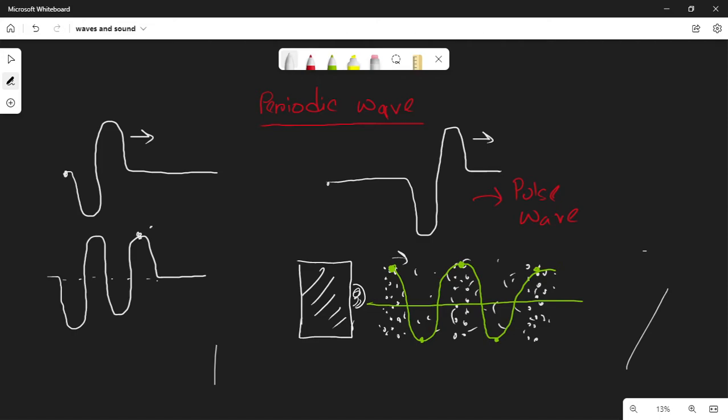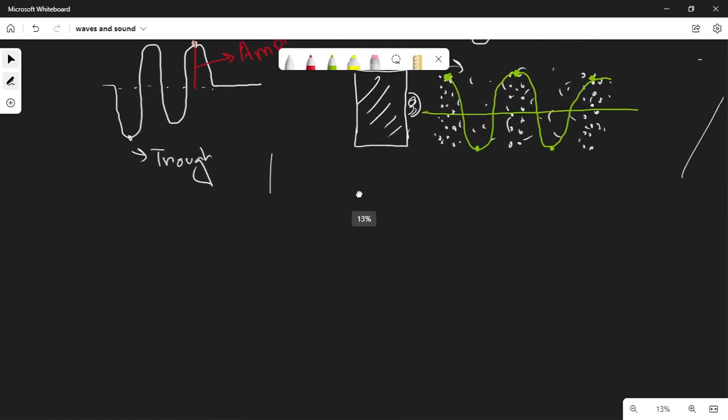These places are called the peaks, and these are the troughs. So if someone asks you what's the height between the normal and the peak, well, it's the amplitude. It's called the amplitude.